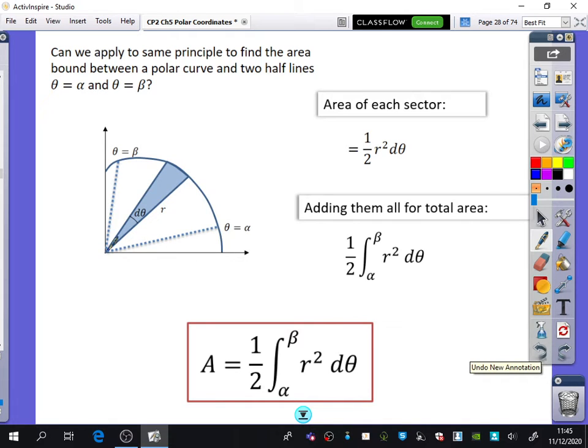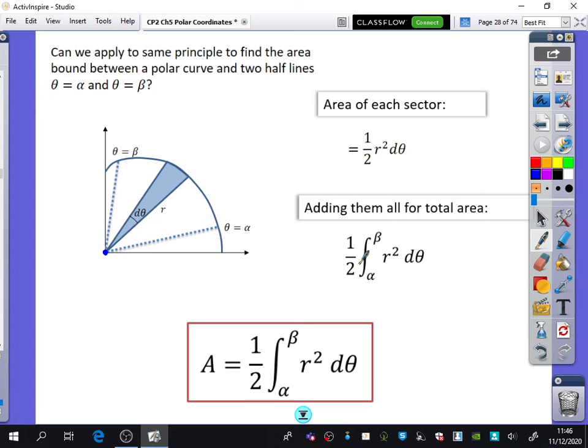In other words, imagining the pole and thinking about rays of sunshine coming out from it. The area of each sector, we know from chapter 5 in Pure 2, which is radians, is a half r squared theta. But in this case, we're saying it as a small change in theta, so it's a half r squared d theta.